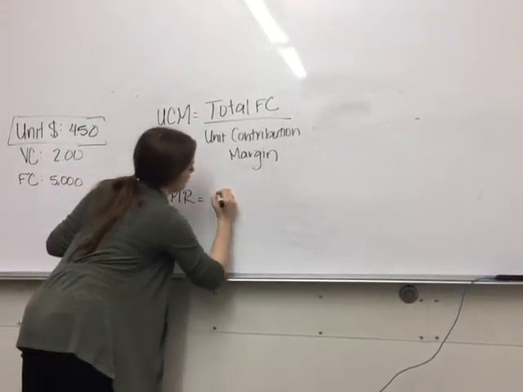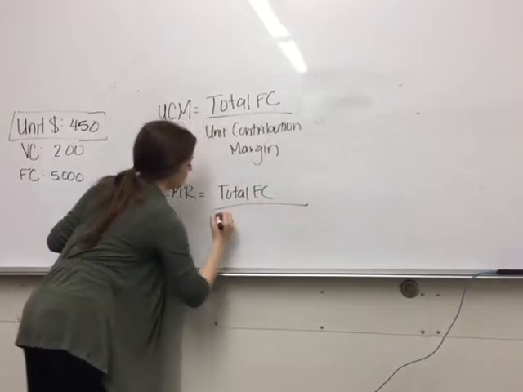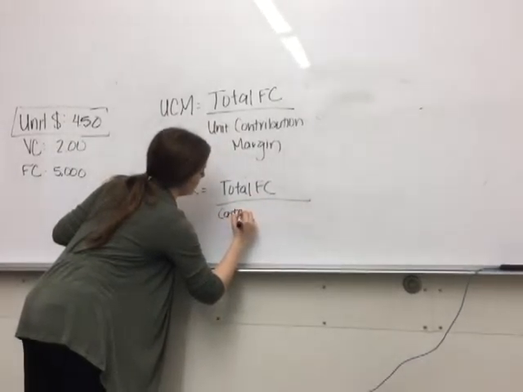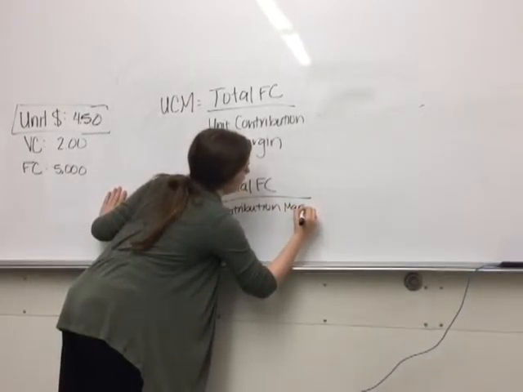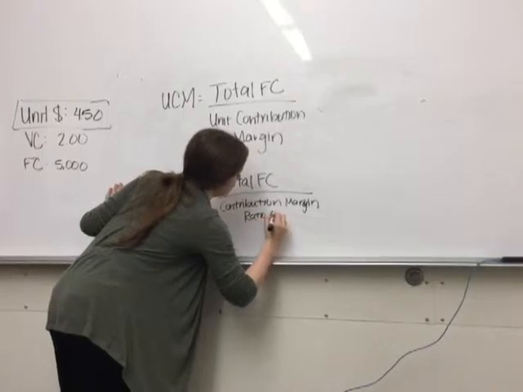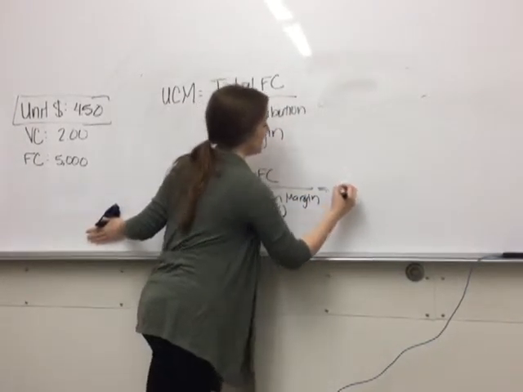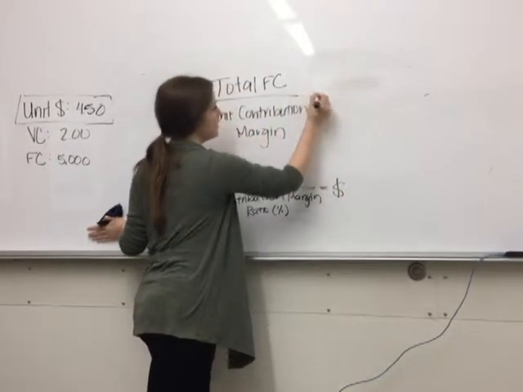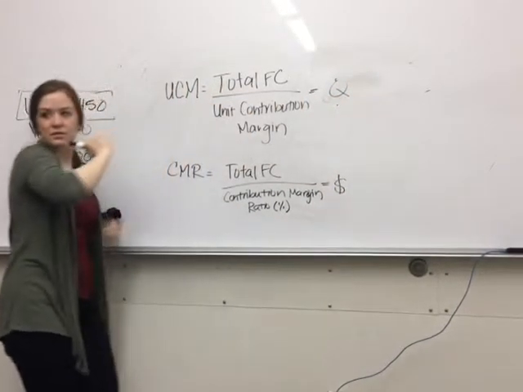Ratio formula is the total fixed cost divided by the ratio as a percentage normally. And this will give you the break-even point in money, whereas this is in quantity, in units.